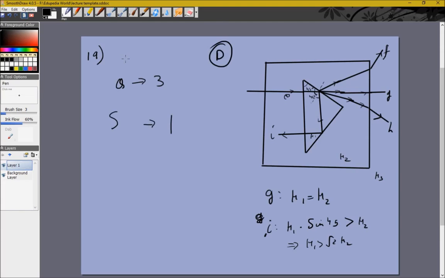So now we need to differentiate between F and H. Right, between F and H. So in both of them, mu3 is less than mu2. Right, both for F and H, mu3 is less than mu2, because this is going away from normal, but that doesn't help us anywhere, because options 2 and 4, which are the options left, have mu3 less than mu2.